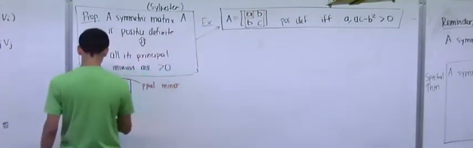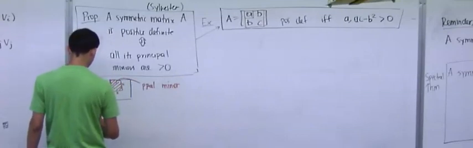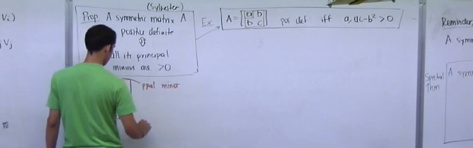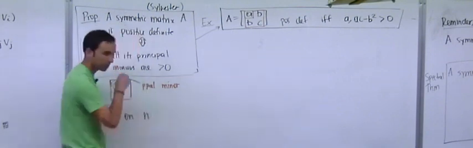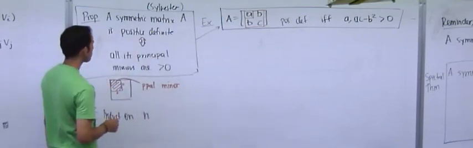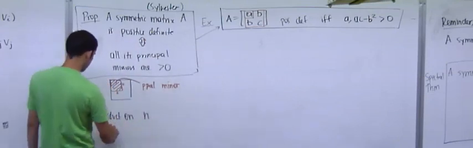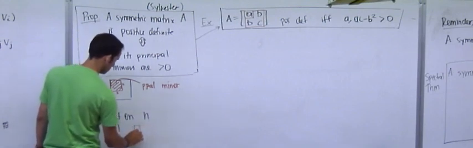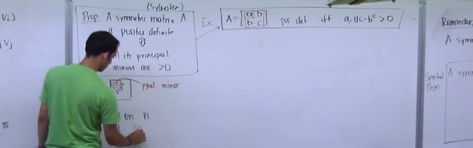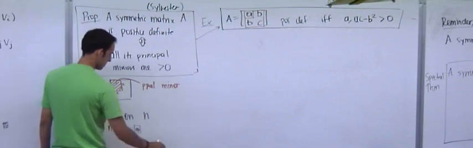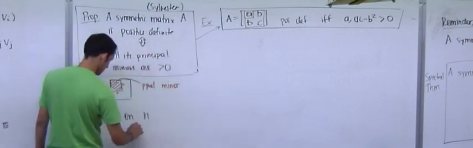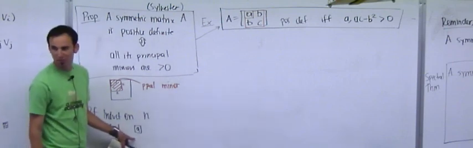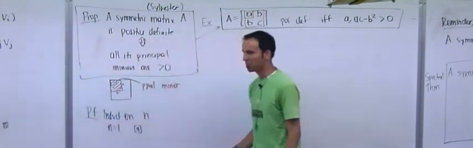So how are we going to do this? We're going to do this by induction on the size of the matrix. Okay. So what's our first case? N equals 1. You have a matrix that only has one entry, A. So what's the quadratic form?